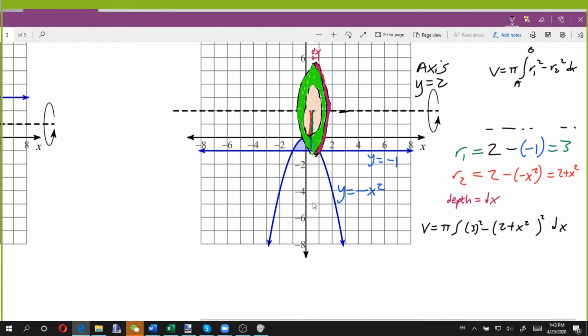If you can't see it from the graph, then you can solve for those intersects by setting your y values equal to each other. -1 equals -x squared, therefore x squared equals 1, or x equals plus or minus 1 is our intersects. Okay, so -1 and +1.